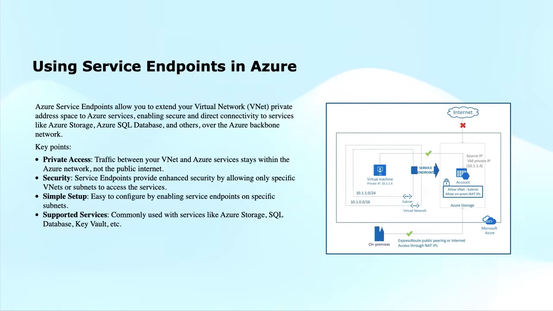That provides me high speed, low latency connectivity and keeps my traffic somewhat protected from exposure to the internet. This is how I can leverage the service endpoints. In case I want the communication completely private, then I can think of using private endpoints or private links. I'll be talking about that further in the next slide.